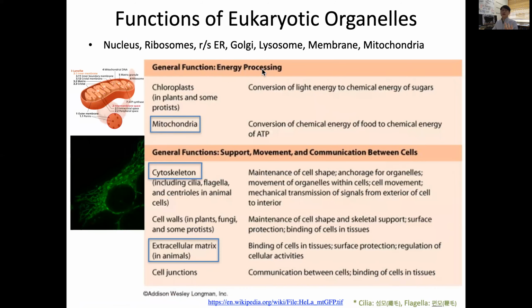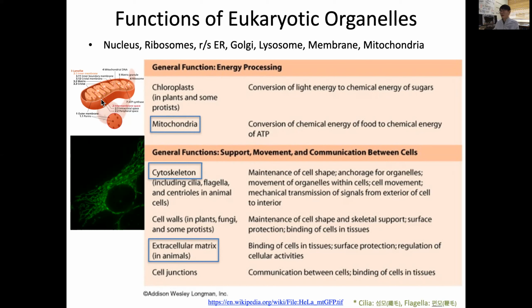Another energy processing organelle we talk about is the powerhouse, the mitochondria, which converts the energy of food to the chemical energy of ATP production. You remember it many times in the textbook, such as in this figure, but I have to say this can be misleading because this is only a cross-section of mitochondria.